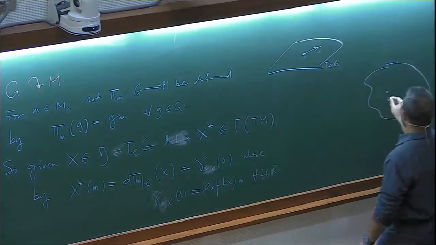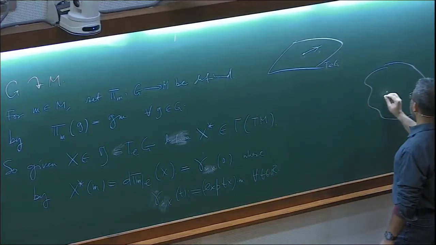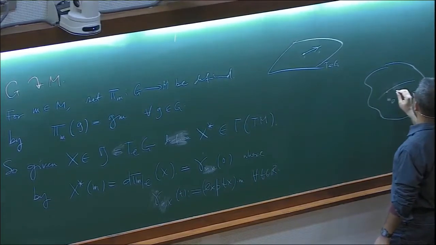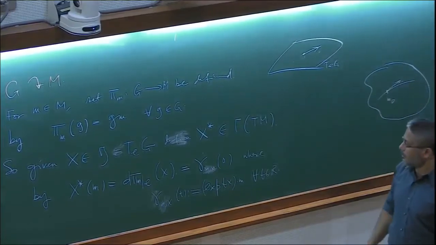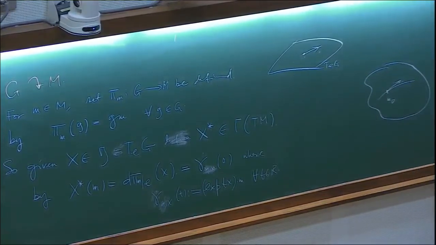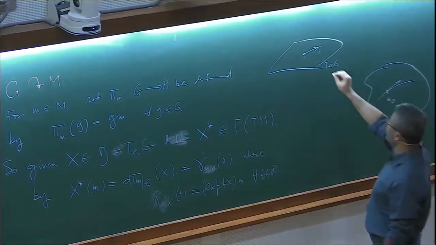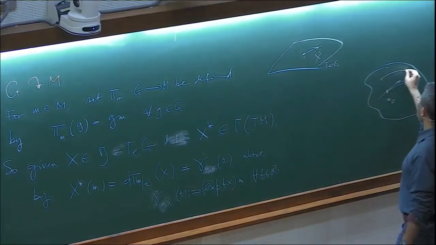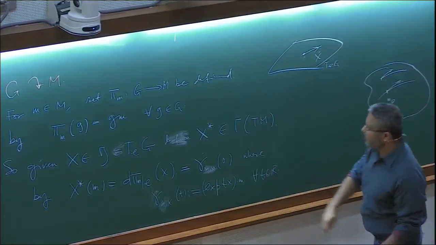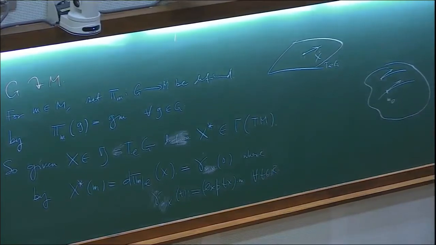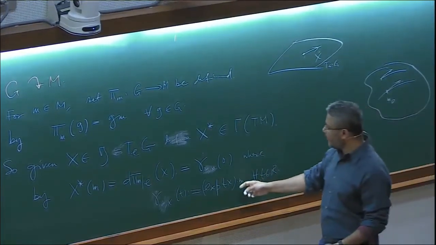So like this, I take a curve and I take the tangent vector. This is my assignment at the point m. Exponential tX is a curve in G, and I translate my point m by this curve.